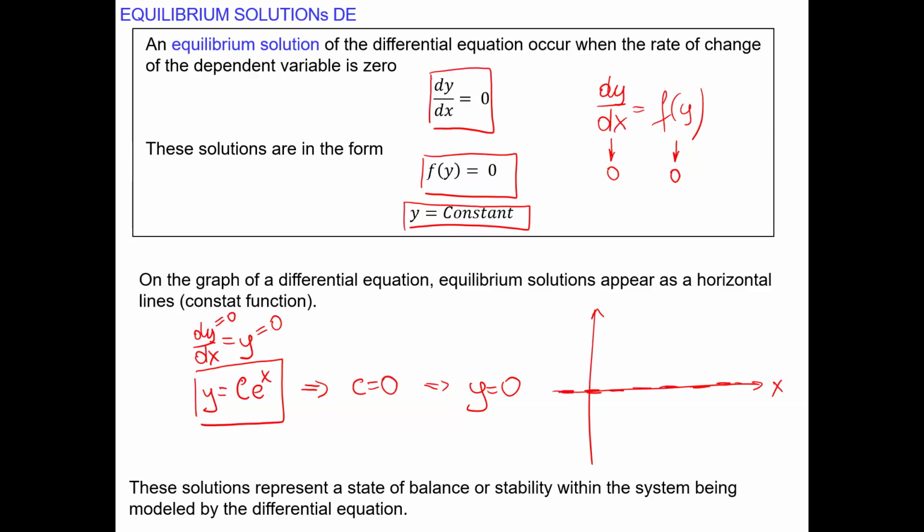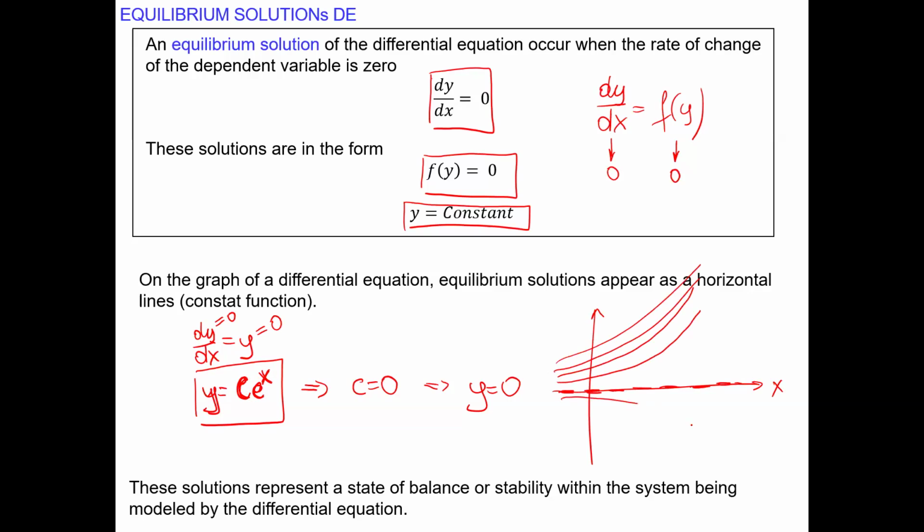And because we do have a nice explicit solution, we may notice that if the constant is positive, we will have, let's say, 1 e to the x, exponential growth, or maybe 2 e to the x. That will be the family of solutions.